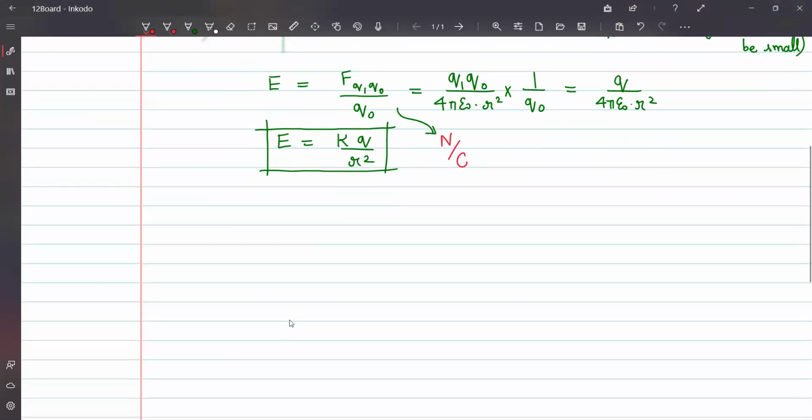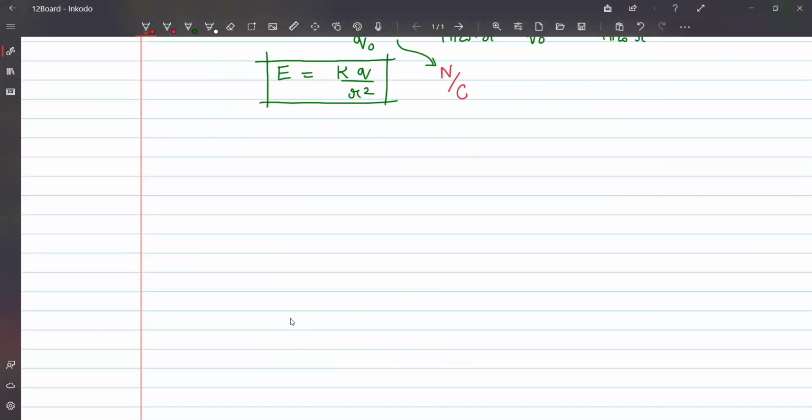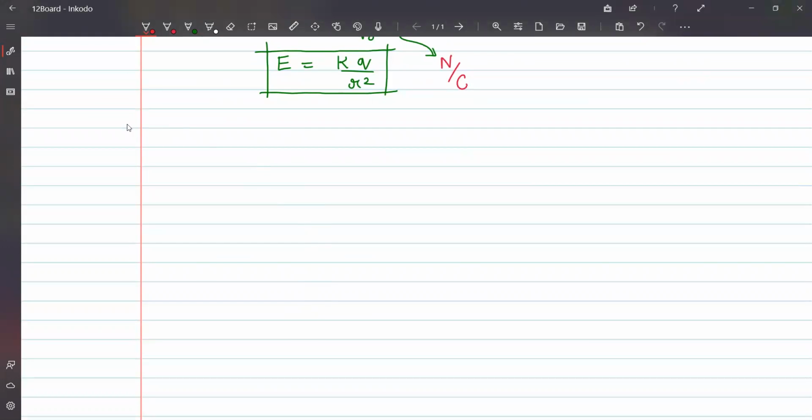Before going into the properties of the electric field, we'll first do a few problems. Suppose there are two charges, a very simple problem. There is a charge Q, and another charge here, 4Q. You want to find a point somewhere between these two charges where, if you keep a third charge, the net force is 0.